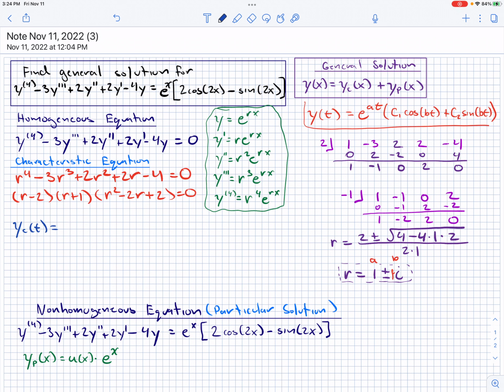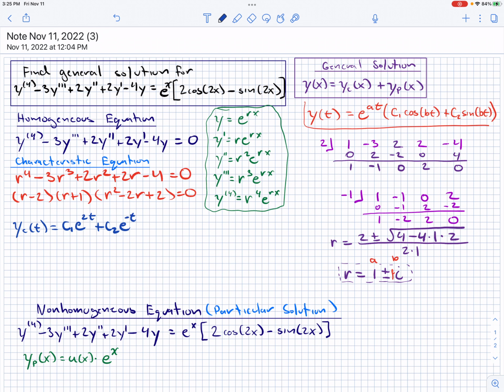We know r equals 2 is one of the forms, so we could write constant times e to the 2t. r equals negative 1, so it's constant times e to the negative 1t.